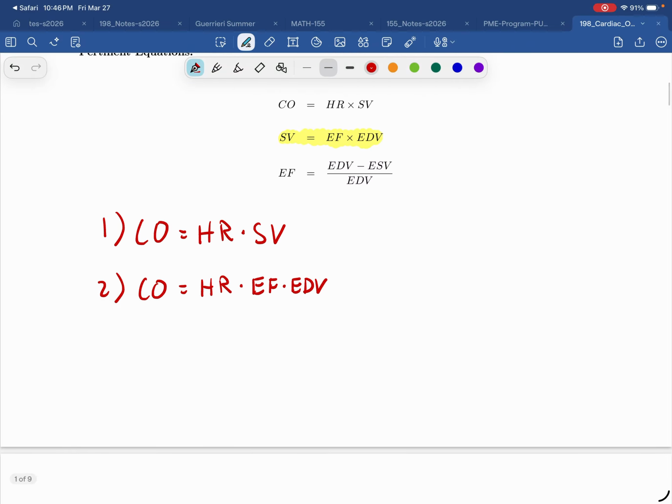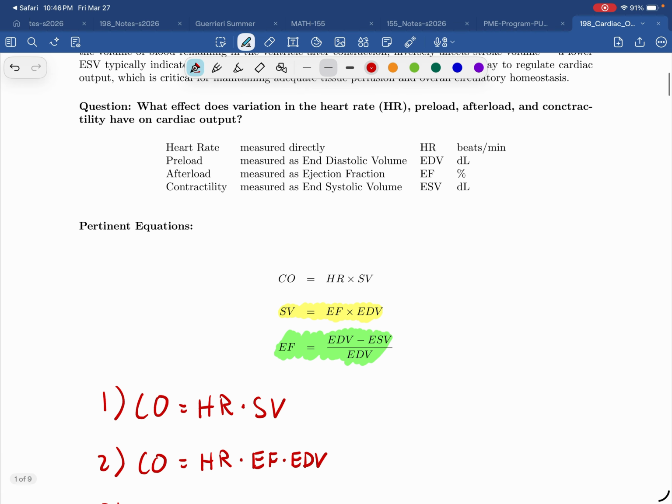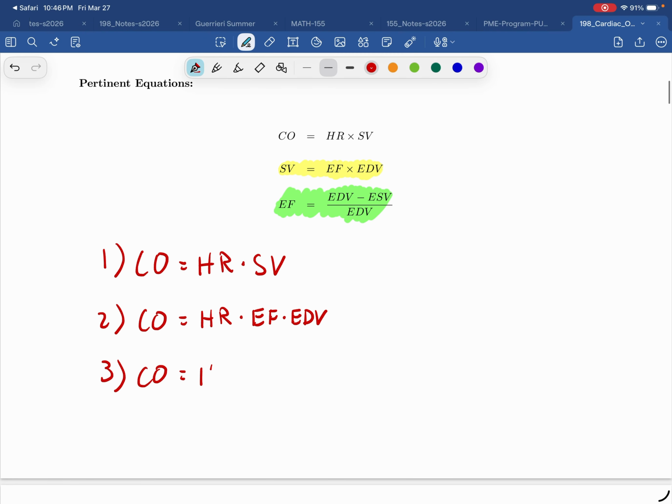Further, we also have, and we won't use it right now, but we'll have it here for when you do use it, a way to substitute ejection fraction as follows.